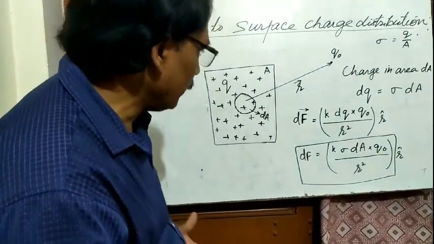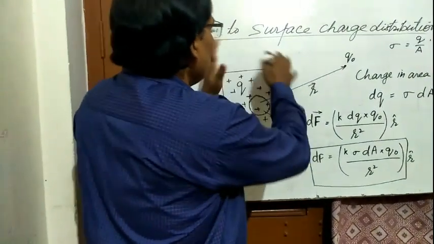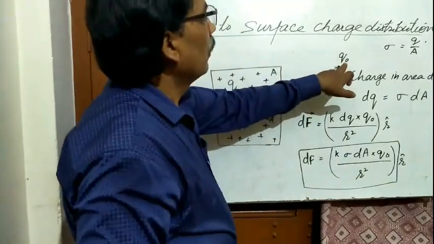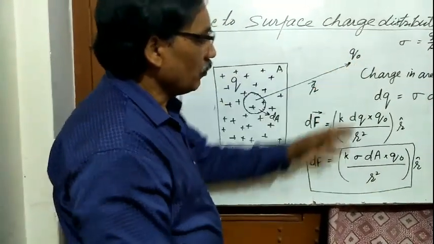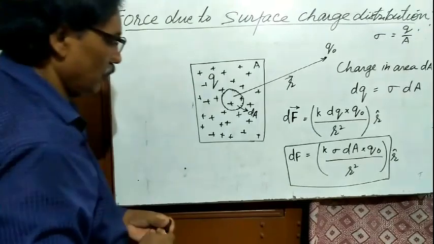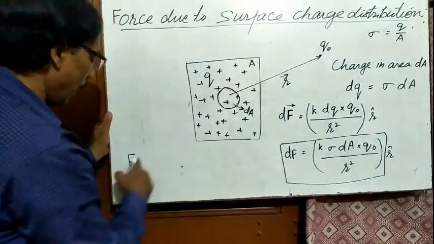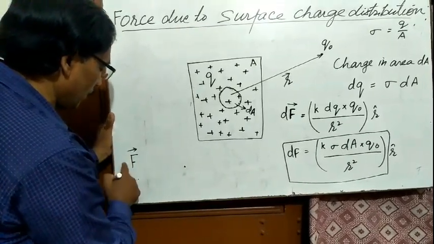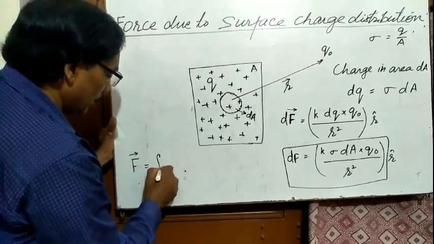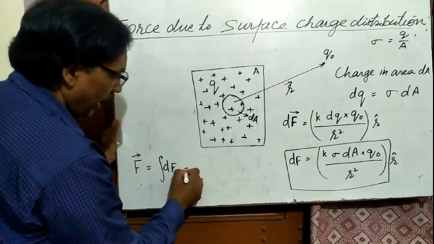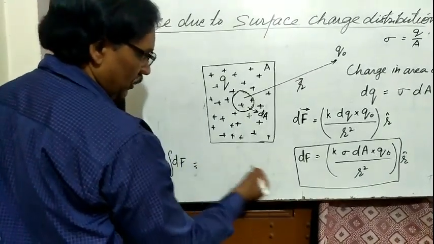But if you want to find the force due to the whole charge on Q naught, then we will integrate this expression. The total force acting on charge Q naught, F, you can write in vector form, will be equal to the integral of dF.